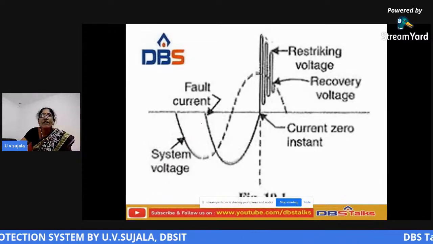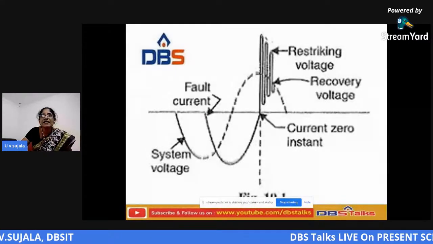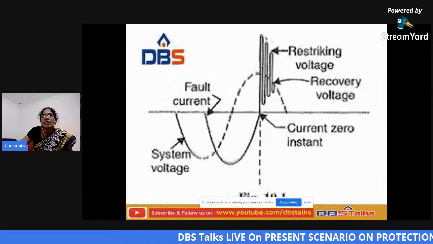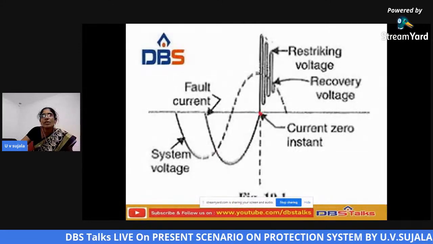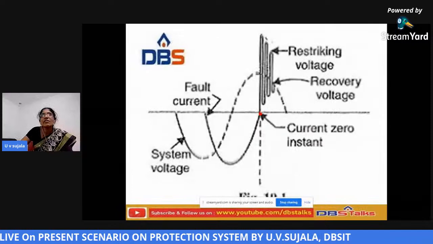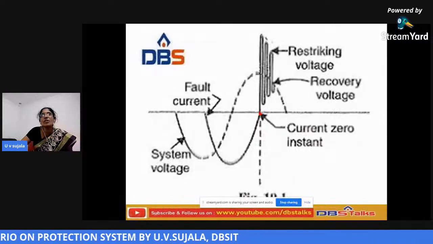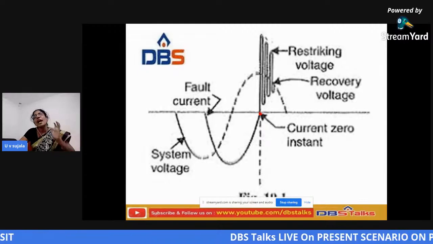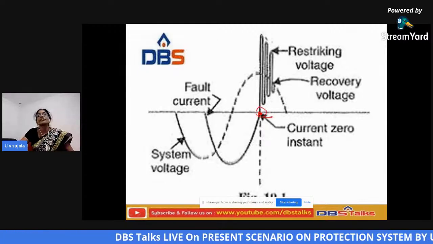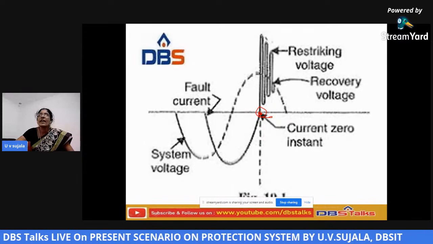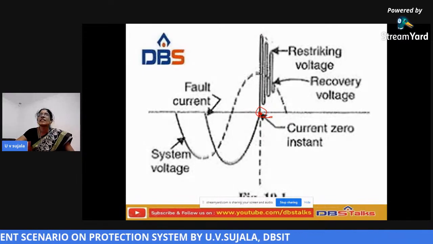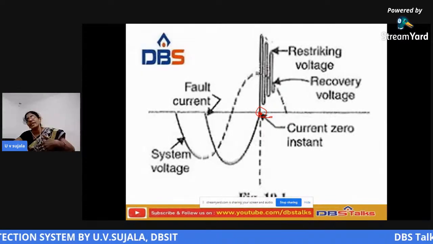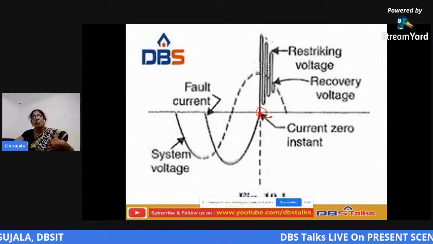This is the fault current. Whenever it comes to the zero position, we have to extinguish here. Otherwise, what happens? There will be a restriking voltage, and again the current will be more.